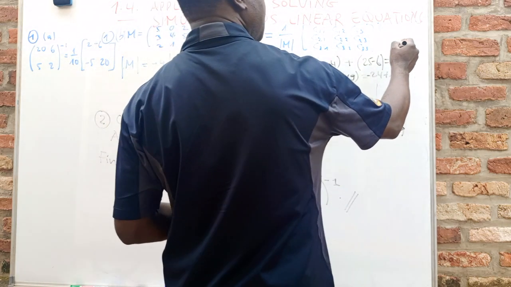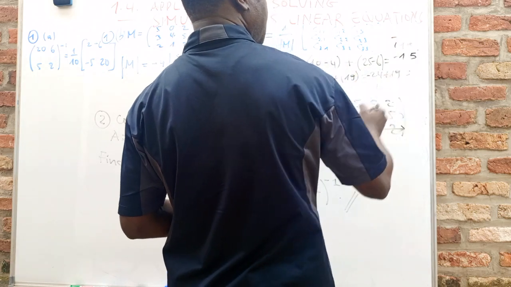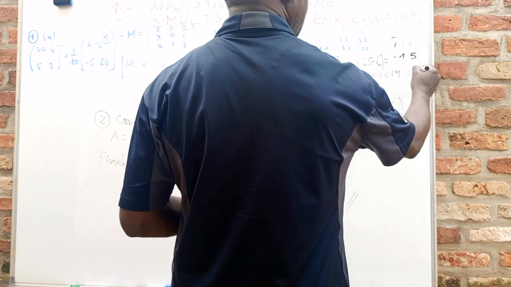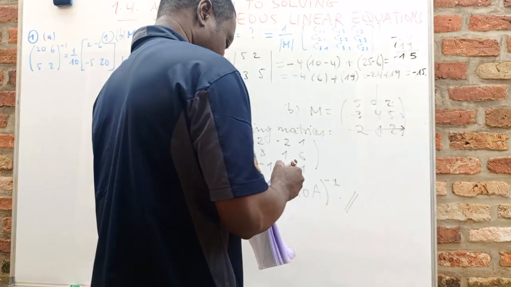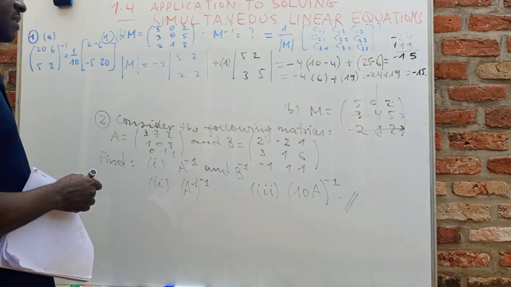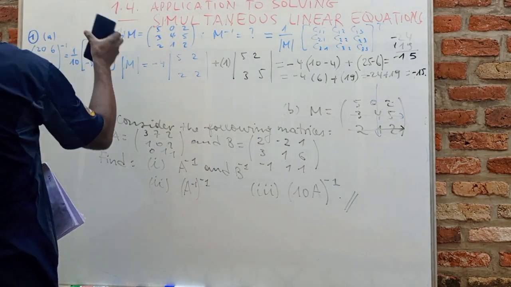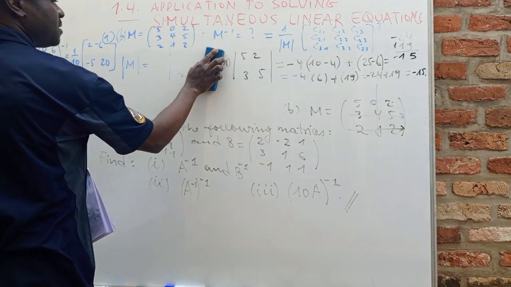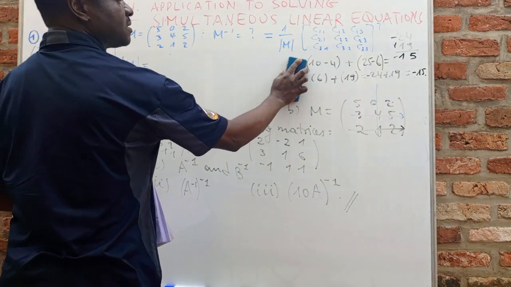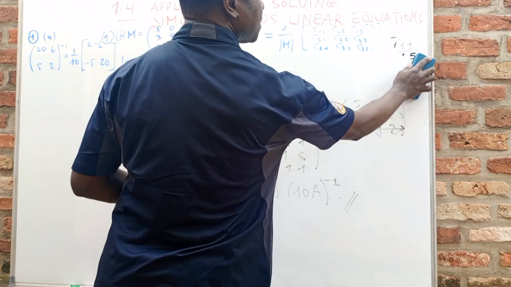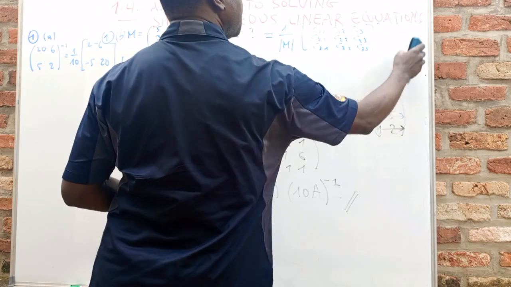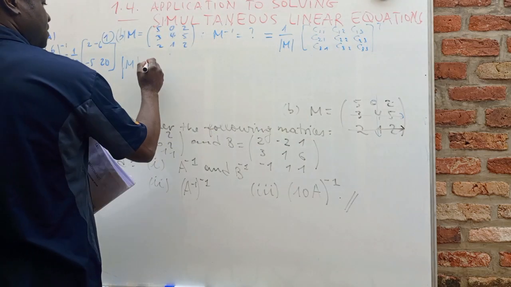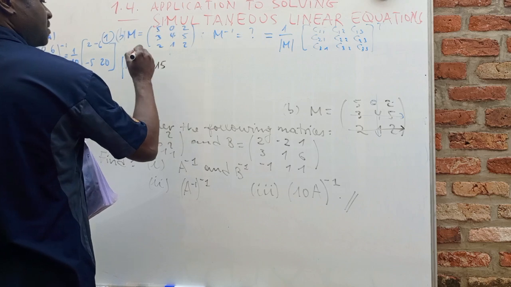Now I change sign and I get -15. In this case, this is the determinant. So which means that the determinant of this matrix is equal to -15. This is -15.